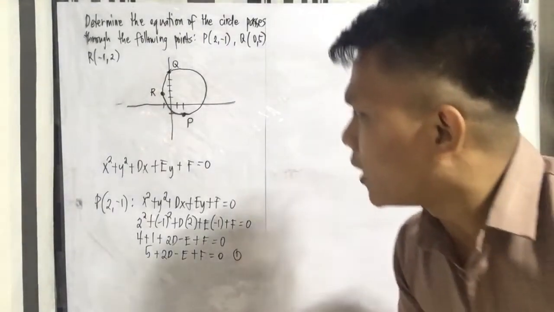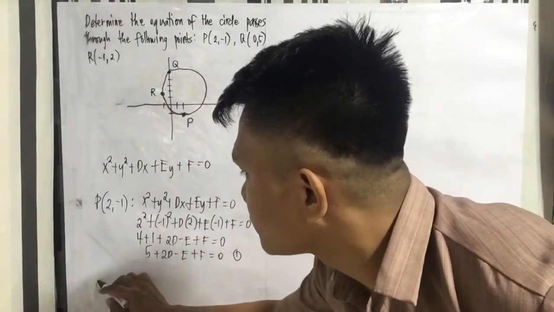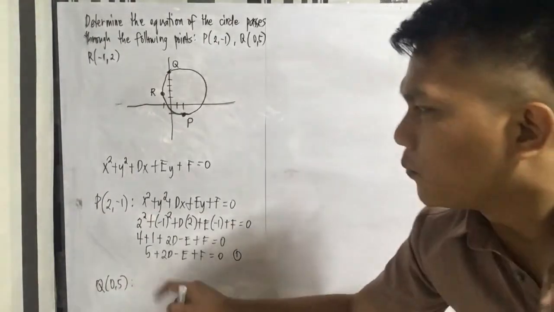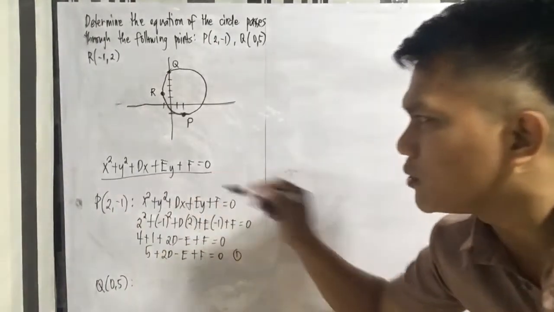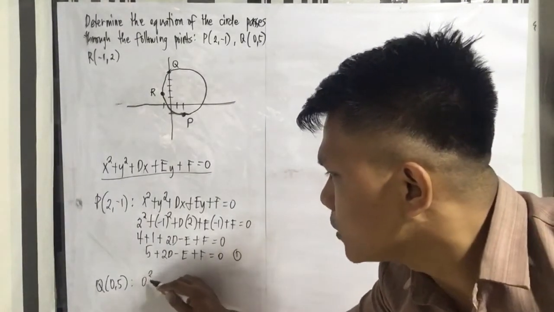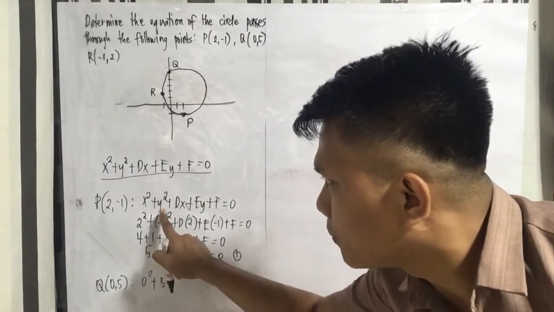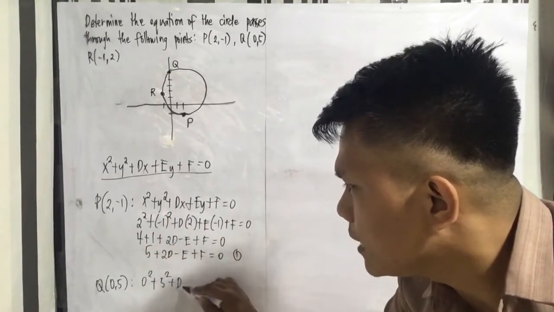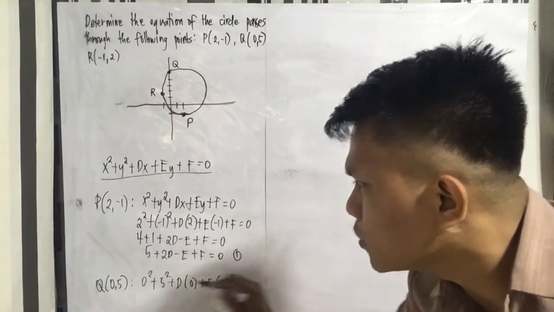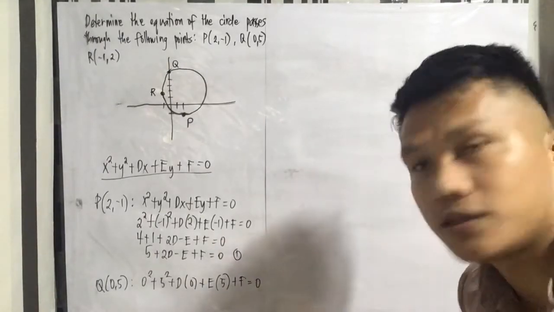The next one is point Q, which is (0, 5). We use the same process, the general form of the equation of the circle. We have 0 squared for x squared, plus 5 squared for y squared, plus d times x, which is 0, plus e times y, which is 5, plus f equals 0.